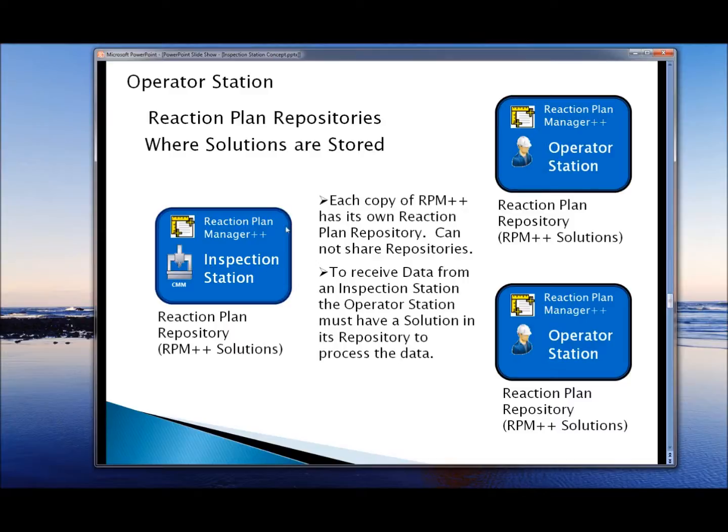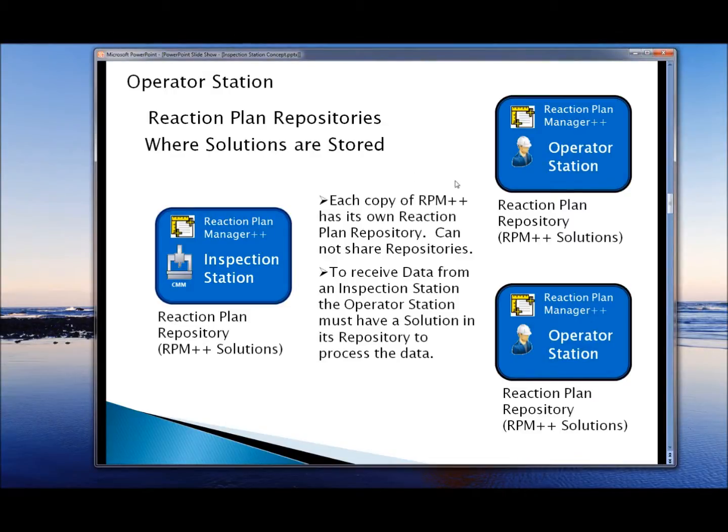Now, when I set this up, I could simply copy the solution from the inspection station to this operator station, or you could develop a solution called widget totally separate in this operator station. Maybe you have manufacturing information that's pertinent only for the operator here, and in the inspection station I really want it to be quality information. You can set it up to do it that way if you want.